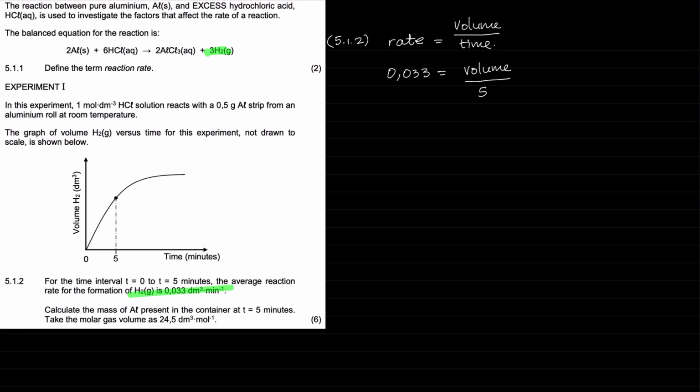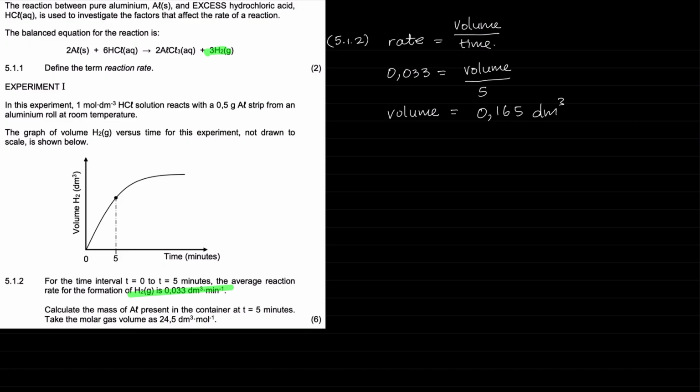Now we can calculate the volume by cross multiplying. The volume is equal to 5 times 0,033, and that is equal to 0,165 dm cubed.